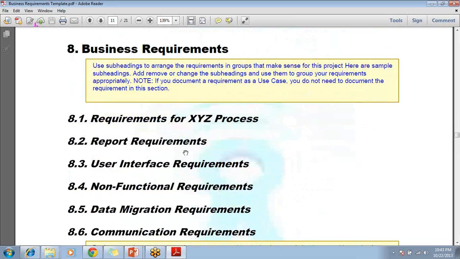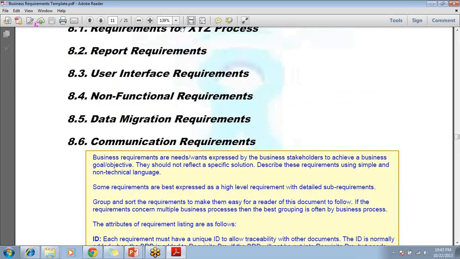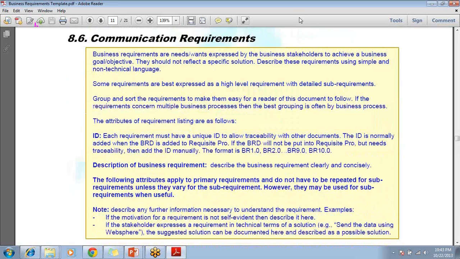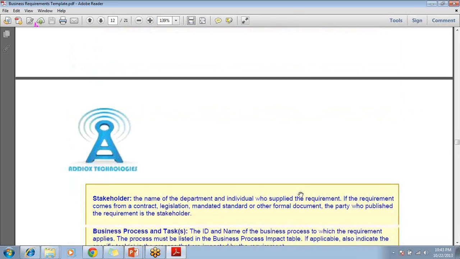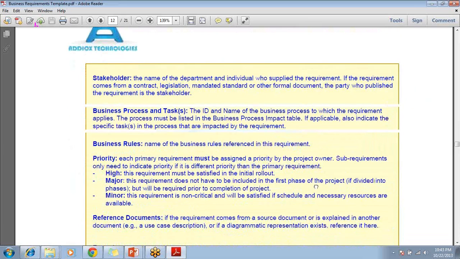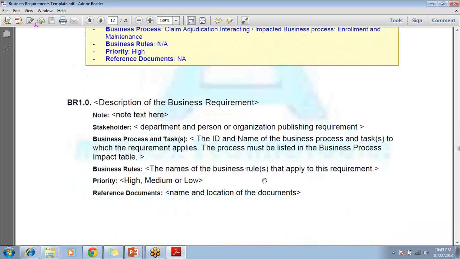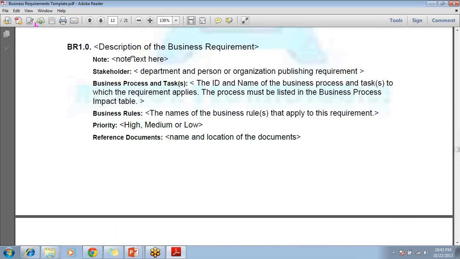And then you start writing about the business requirement, like requirement for XYZ process, report requirement, user interface requirement, non-functional requirement. These are the functionalities you are going to write as bullet point items which are the requirements, and then these are the description.